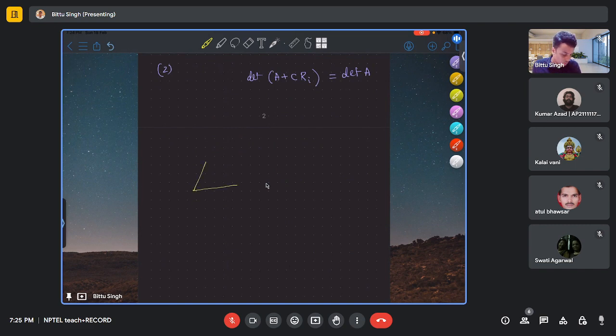This is the parallelogram. Now you are adding some multiple of this second line, suppose we are adding this. Then the new parallelogram is now this.